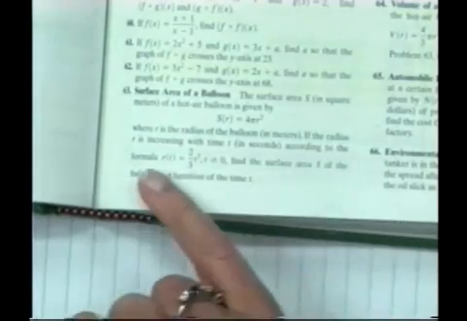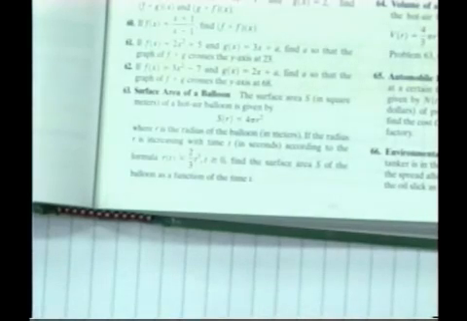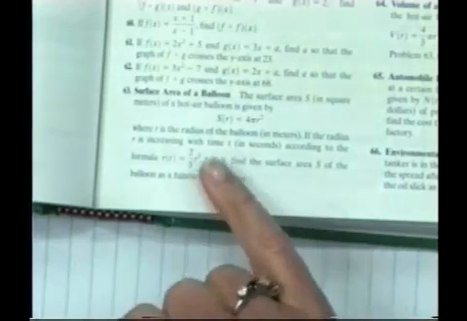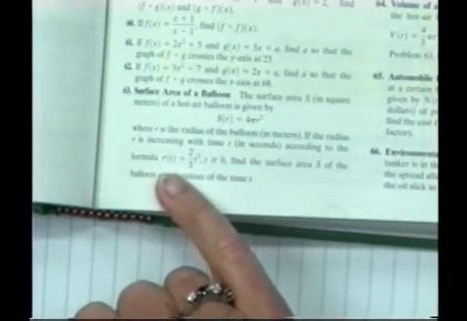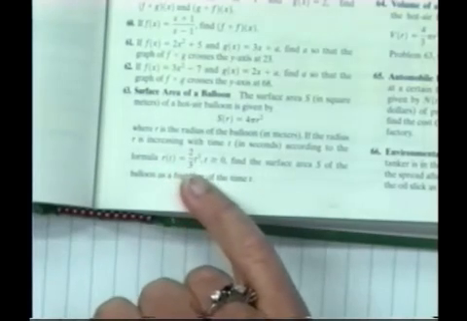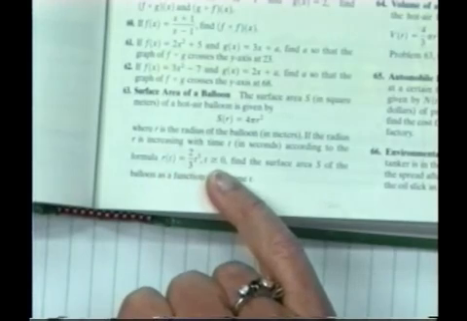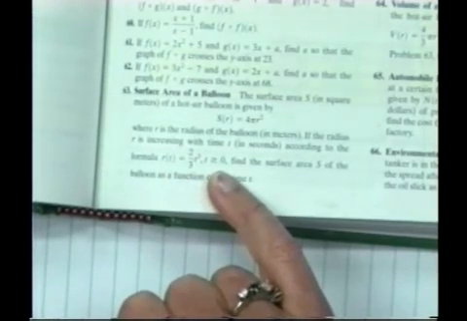Okay, then they tell us another formula. The radius r is increasing with time, so air is being pumped into this hot air balloon. The radius is increasing according to the formula r equals 2/3 t cubed, when t is greater than or equal to 0 seconds.